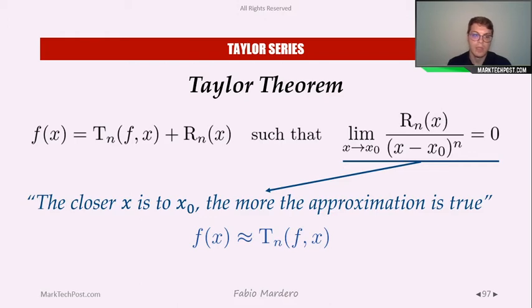In fact, this means that the closer x is to x0, the better the approximation is. So f(x) can be approximated by the Taylor polynomial of degree n.